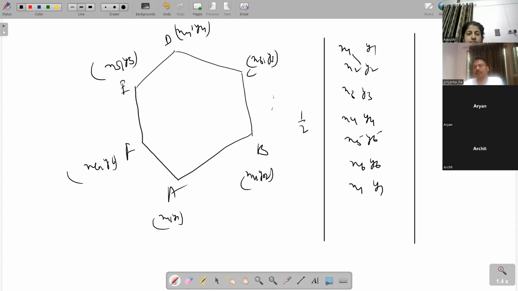And then do this: x1 y2 minus x2 y1 plus x2 y3 minus x3 y2 plus x3 y4 minus x4 y3 plus x4 y5 minus x5 y4 plus x5 y6 minus x6 y5 plus x6 y1 minus x1 y6. So you'll get the result. Understood?